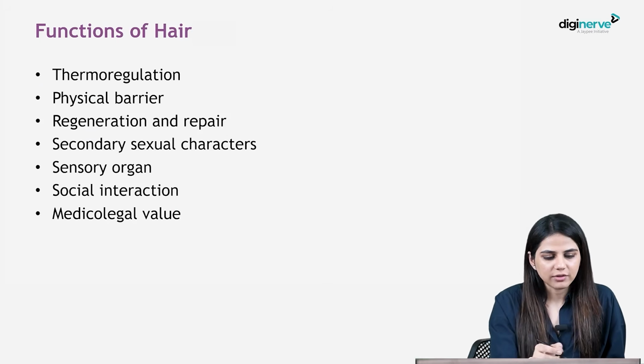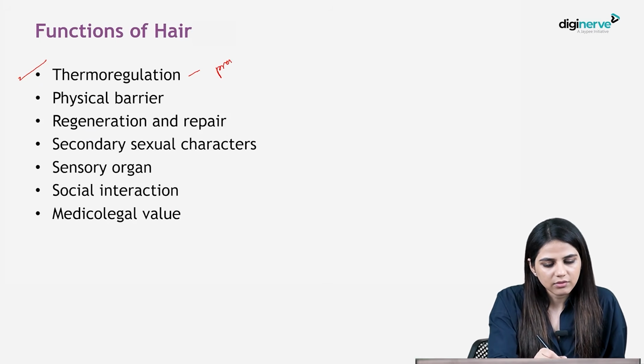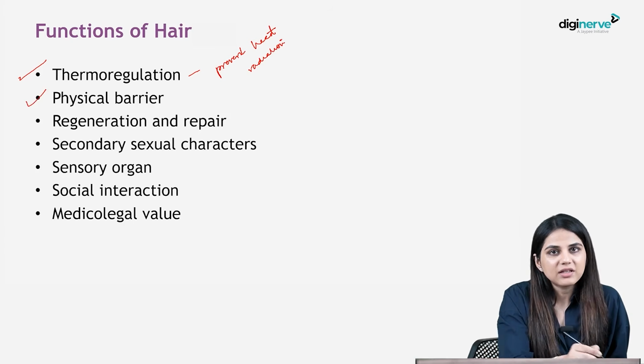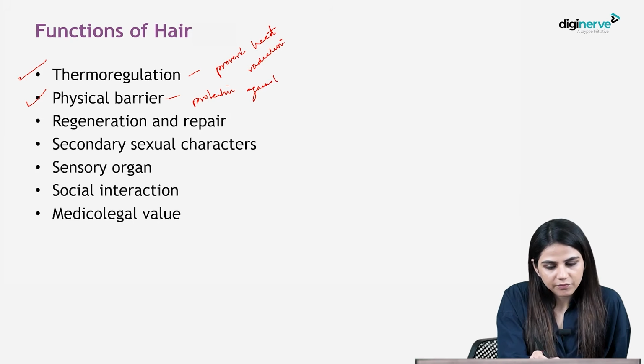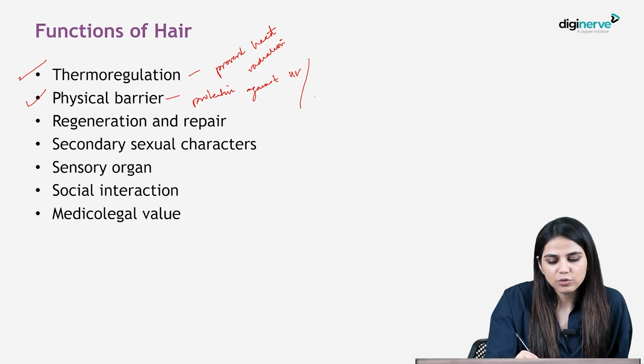What are the functions here? Thermoregulation is to prevent heat radiation. Physical barrier is protective against UV. And vernix caseosa acts as a lubricant in the intrauterine life.